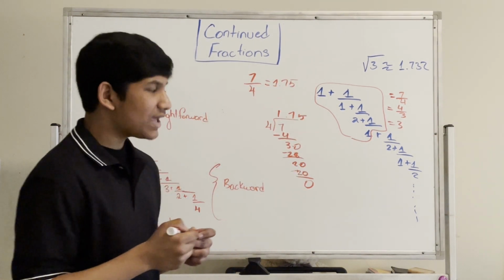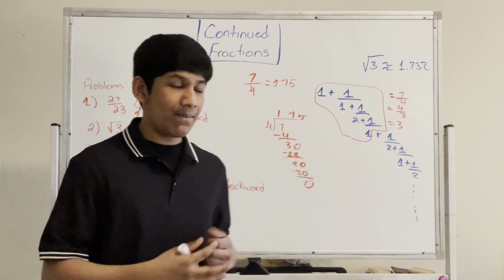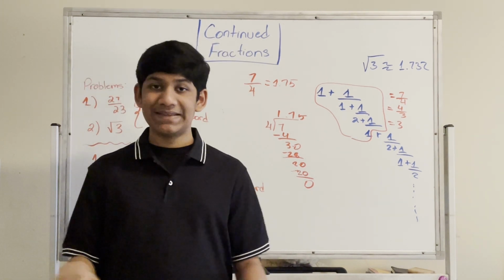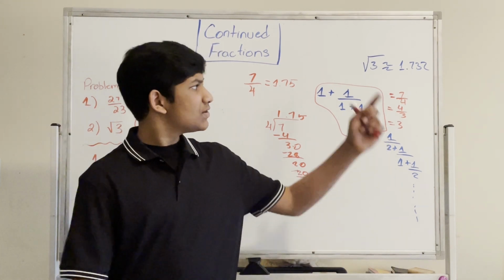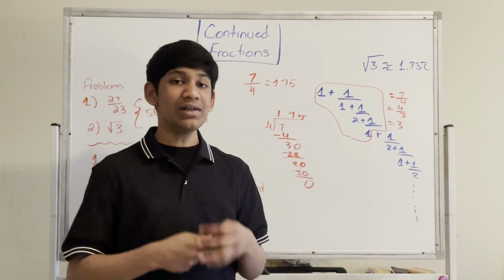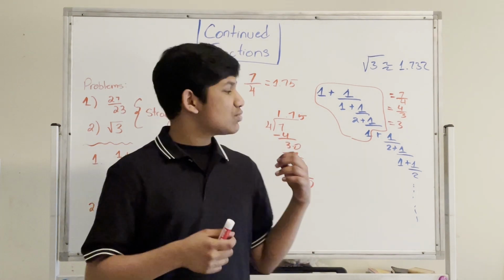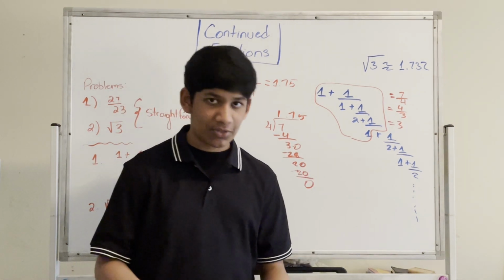Now this might seem like a good approximation for some people, but it actually isn't, because 1.75 can represent so many things. Yes, it is close to 1.732, but it's not close enough that we can say it is approximately 1.732. So in order to check this, we must go a little bit further.